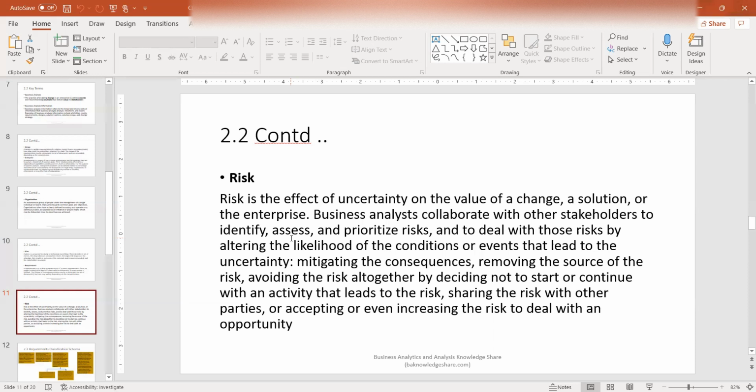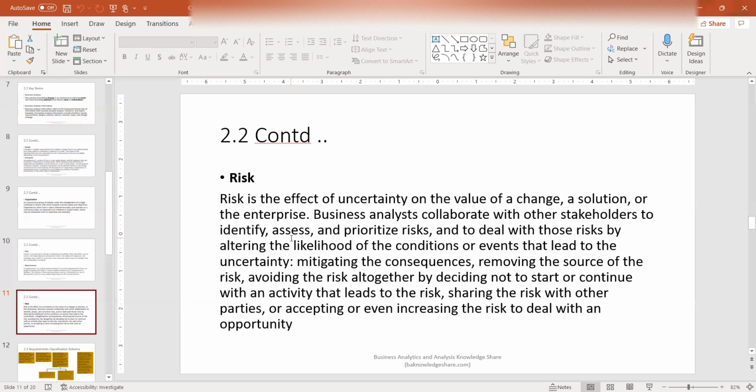As an example, you would mitigate the consequences, remove the source of the risk, avoid the risk altogether by deciding not to start or continue with an activity that leads to the risk, share the risk with the other parties, or accept or even increase the risk. So there's a couple of options that you could do with the risk, as long as it is understood by all parties involved in the project, all stakeholders involved in the project.